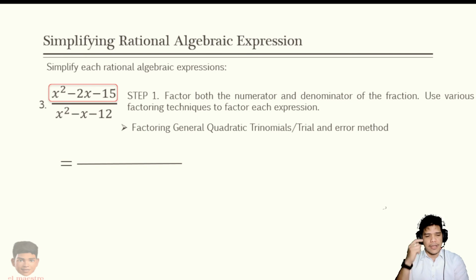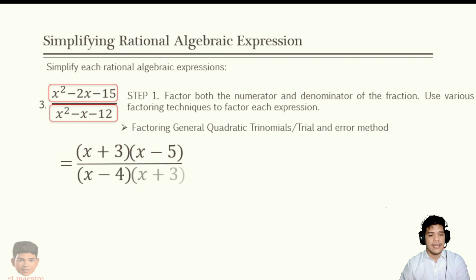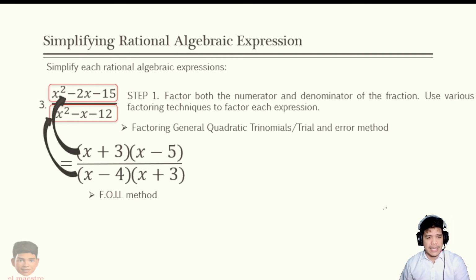So, you can use that method to factor out. After factoring out, ito yung factor niya ngayon. Ang factor ni numerator is x plus 3 and x minus 5. And denominator is x minus 4 and x plus 3. Kasi class, if you multiply this using FOIL method, babalik yan sa original.